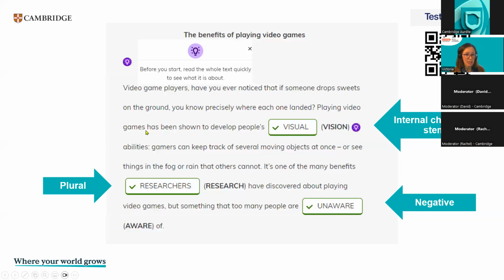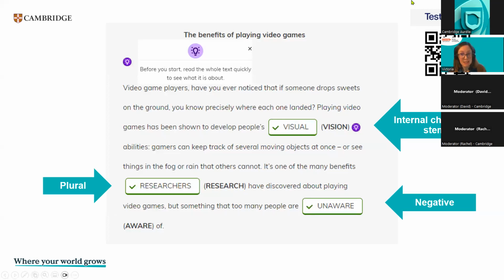In some cases, the key is going to be very, very close to the gap. So right before, right after, and the gap. But in some other cases, you will need to read the whole sentence to understand really what you need to complete the gap successfully.